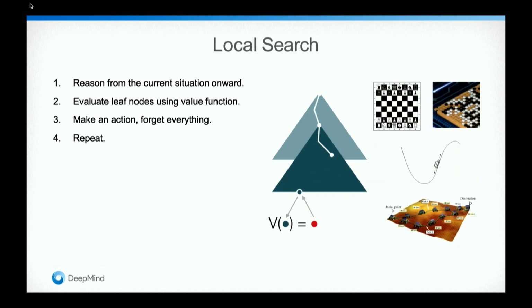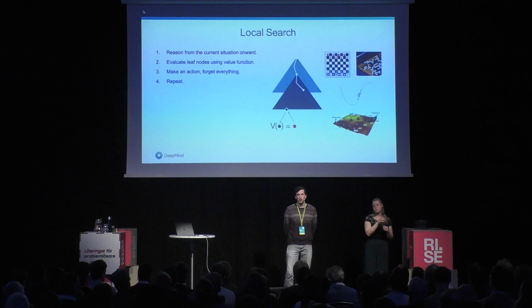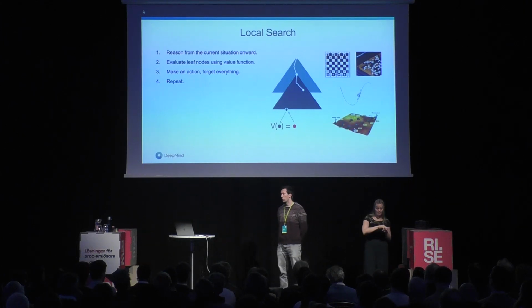So these two crucial ideas are at the very heart of search. Having these two ingredients, all I do is follow steps 1, 2, 3, 4. I look a few steps ahead, I evaluate the future states, I make the action that I believe is best based on my search, and then I just make this action and I'm done.